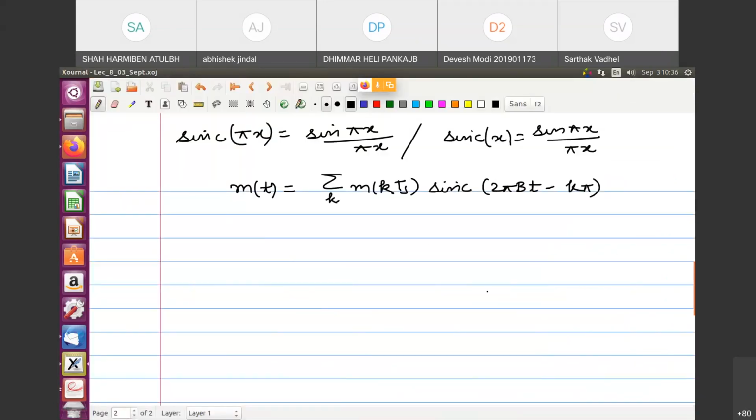So m(kTs) times sinc of 2 pi B t minus k pi gives the samples of this m of t. In a distortionless, error-free manner, I can recover m of t by this ideal interpolation formula. This we have derived in lecture 2 or 3.